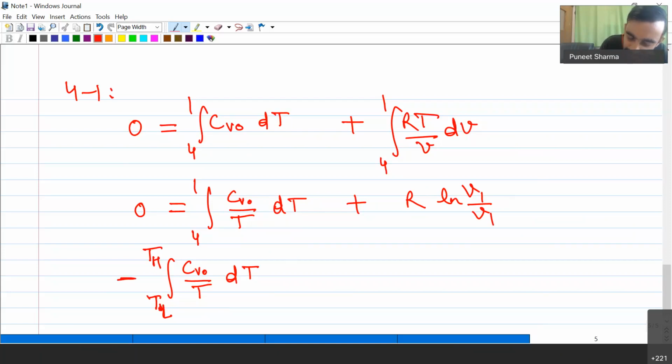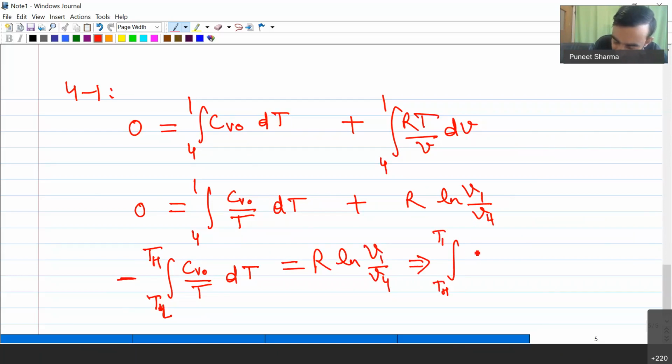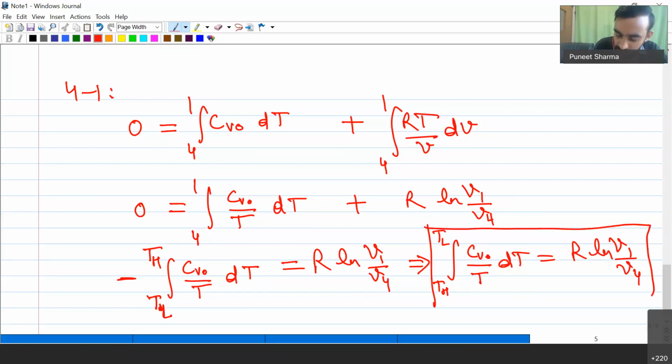This will be equal to R times ln of V1 divided by V4. Now if I change these limits, I'll find finally that the integral from TH to TL of CV naught divided by T into dT is equal to R times ln of V1 divided by V4. This is the equation we have got for process number 4 to 1.